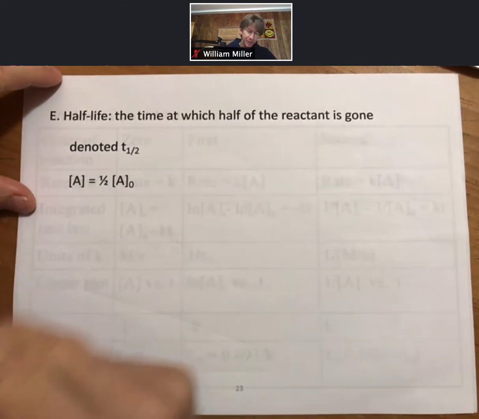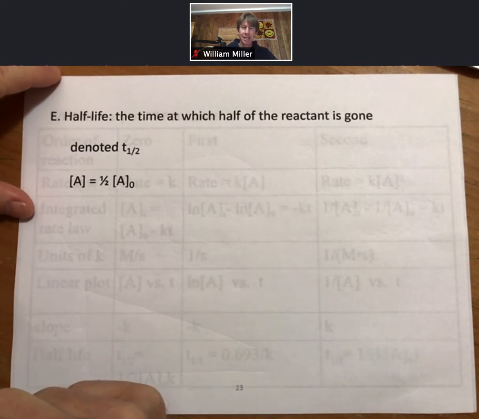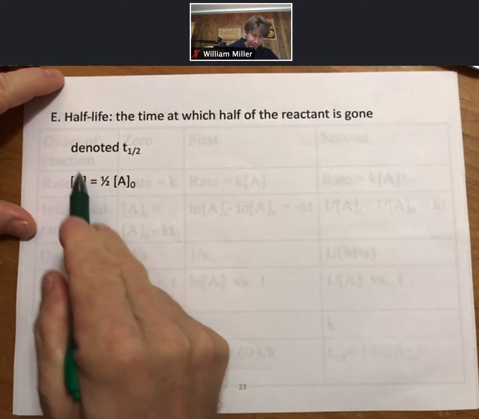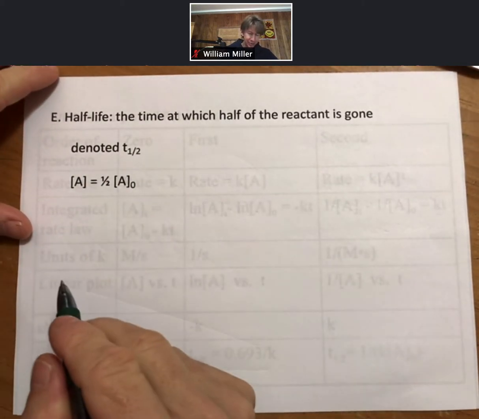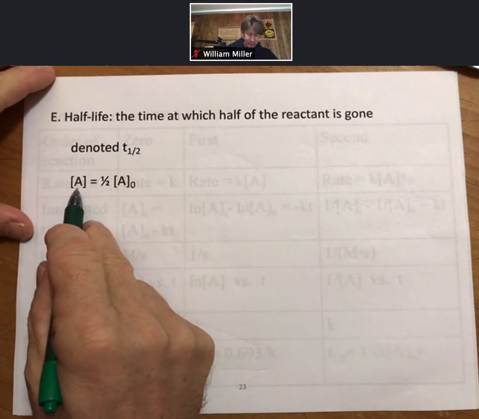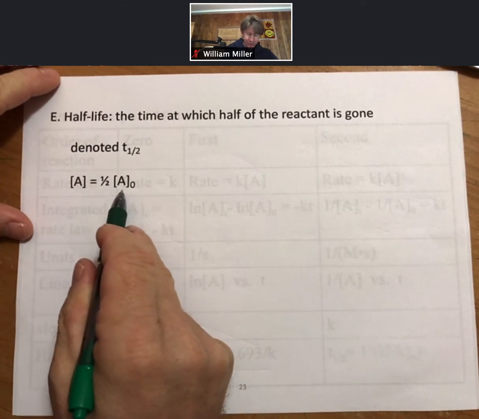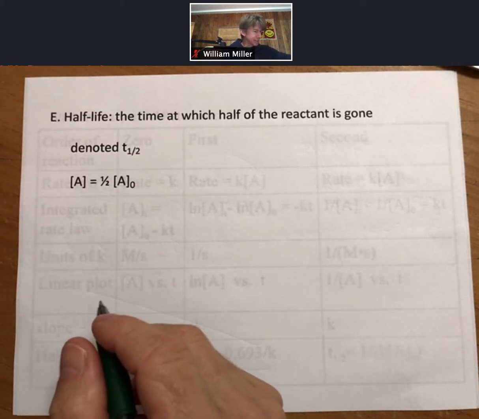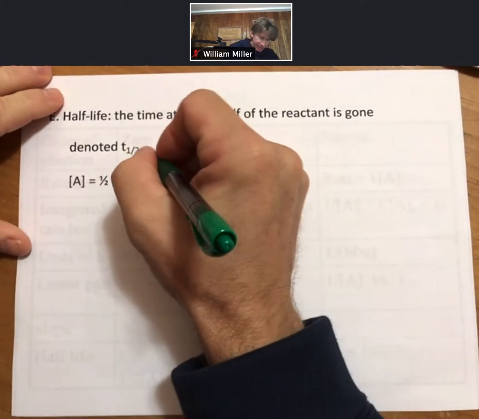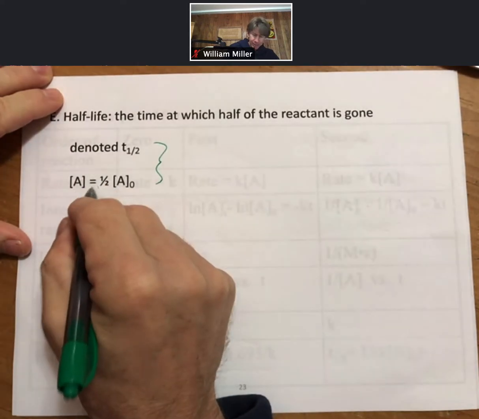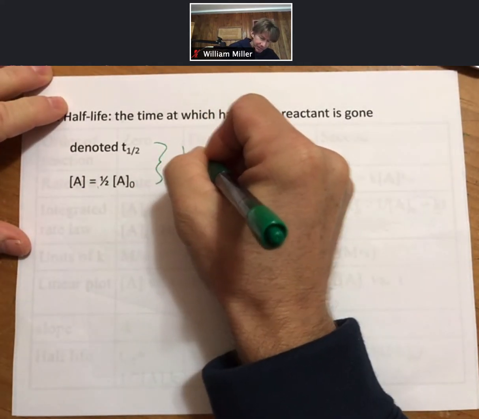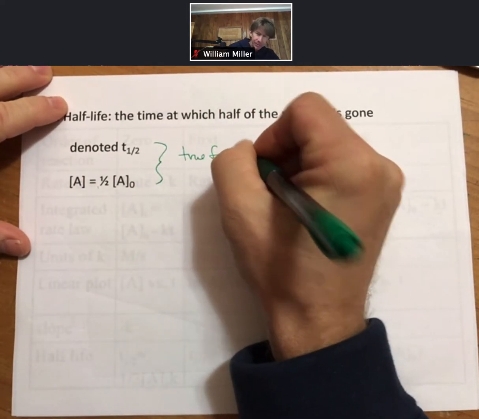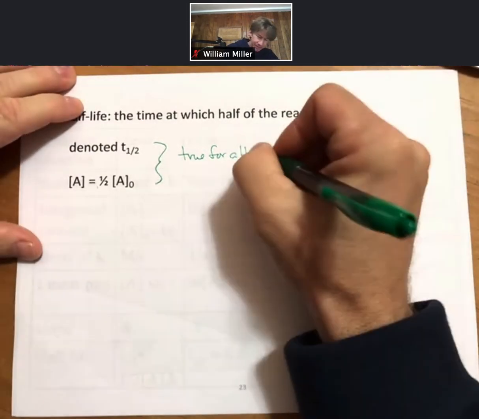So let's define something called the half-life. The half-life is the time in which half of the reactant is gone. And so it's denoted T sub half, and it's the time at which the concentration equals half. And what else we can say about this is that this is true for all integrated rate laws.